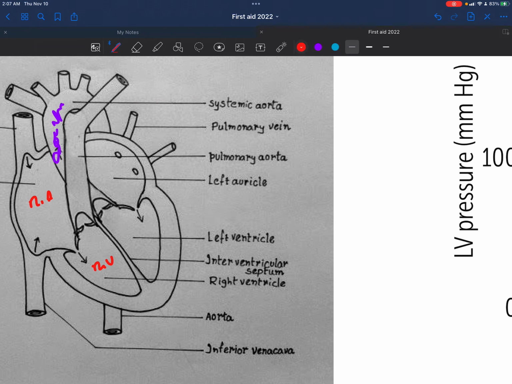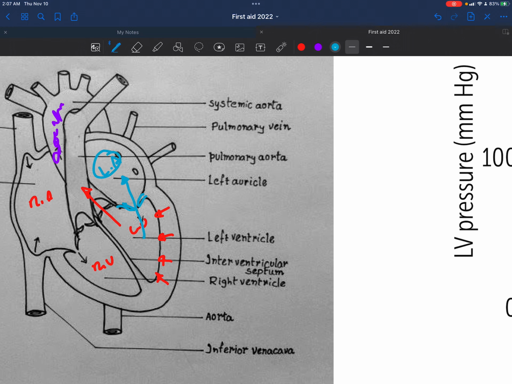So this is the left ventricle, this is the right ventricle, and normally blood goes into the aorta during ventricular contraction. But at the same time, we said that this is always open, so the left ventricle also pushes blood into the left atrium.